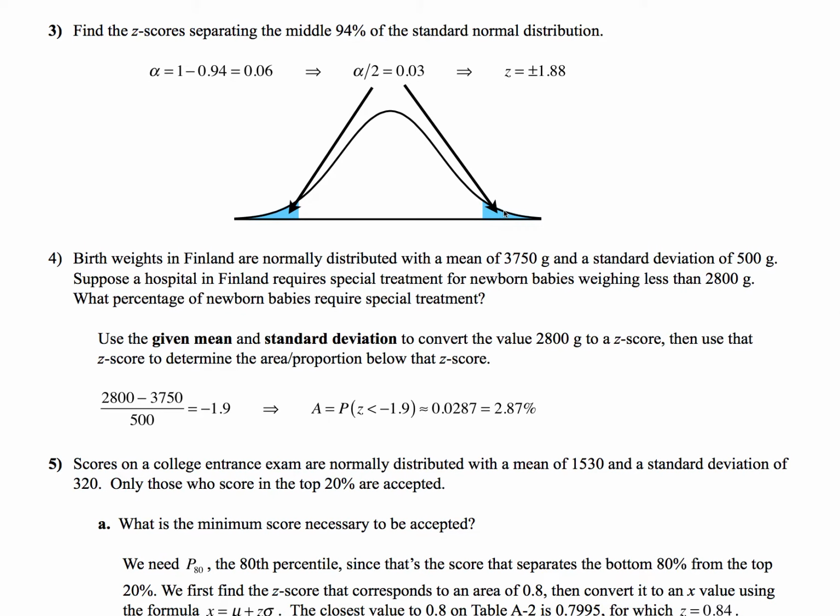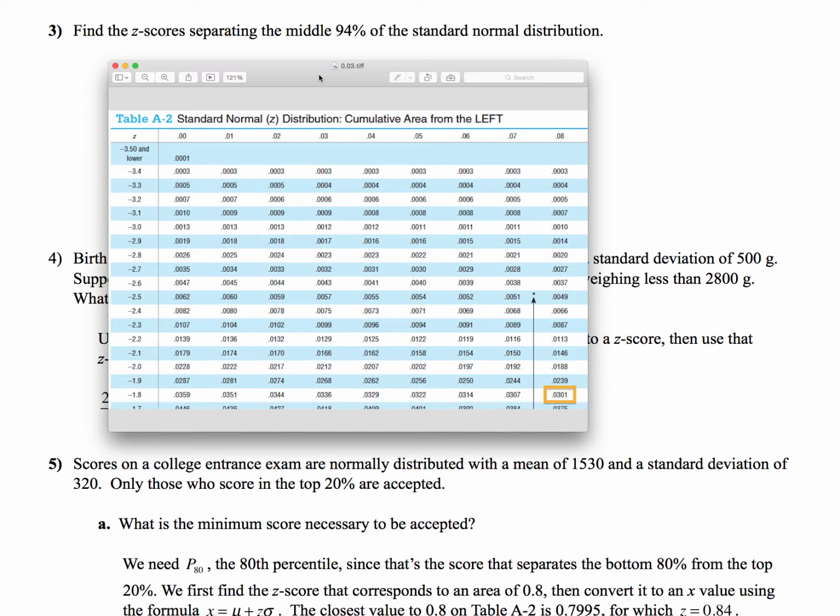So what we need to do to find this z-score and this z-score is look up an area of 0.03 on our z-scores. Since that area is very small, it's going to be in the left half, so we look at the negative z-scores. And we look in the body of the table to find 0.03.